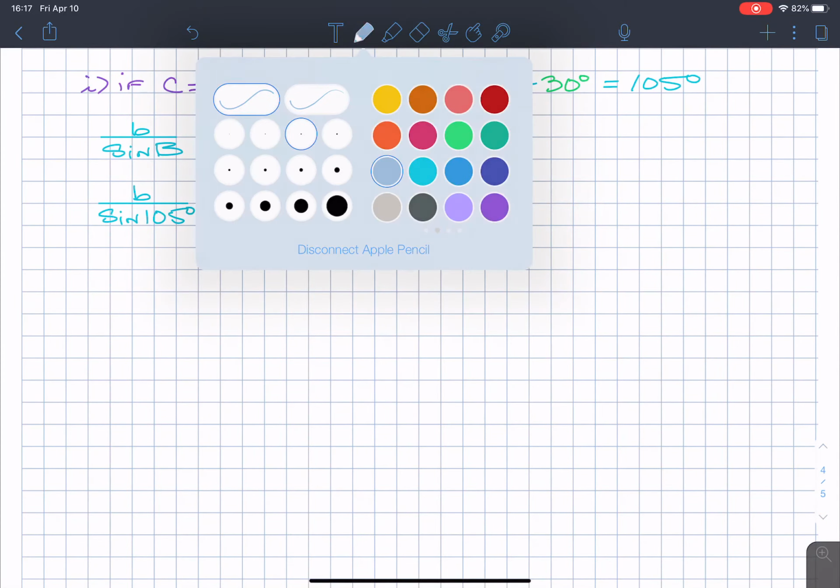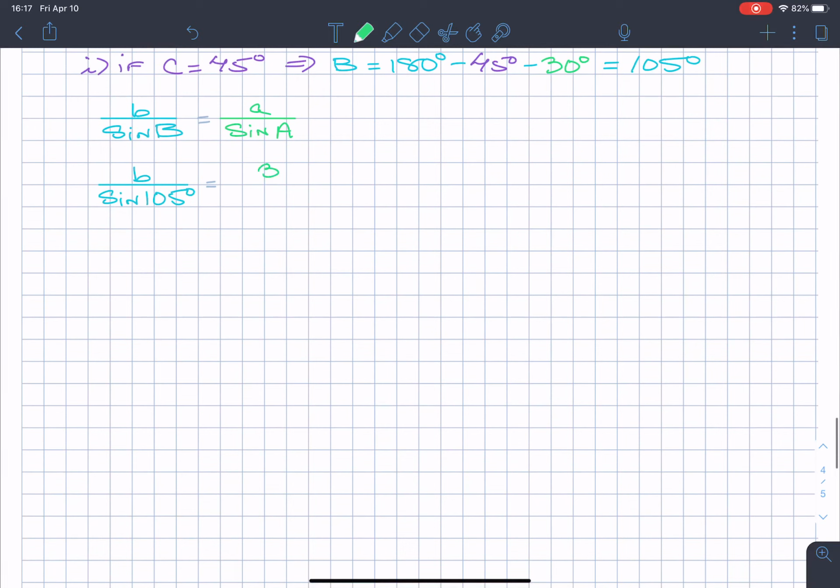That should be familiar since we did two similar problems before. Little a is 3 divided by sine of angle A, which is 30 degrees. So now let's cross multiply by sine of 105 degrees.